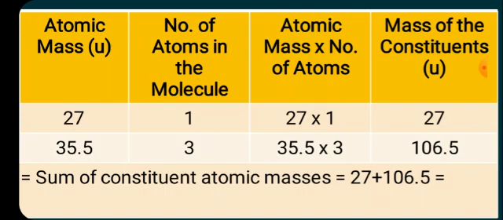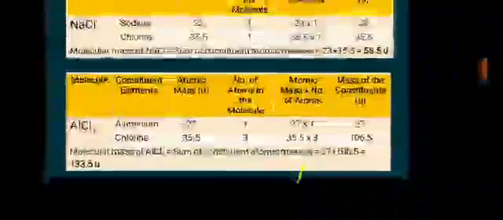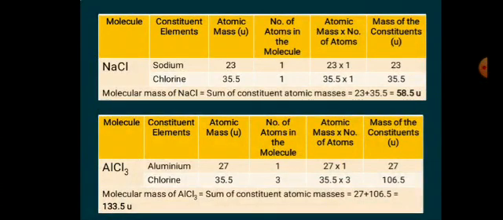So, molecular mass of aluminium chloride is equal to sum of constituent atomic masses. 27 plus 106.5 is equal to 133.5 Dalton or grams.